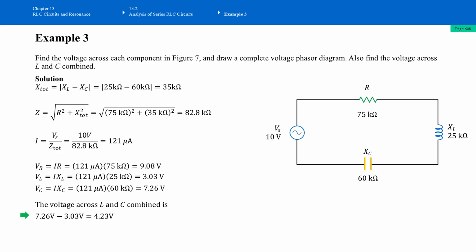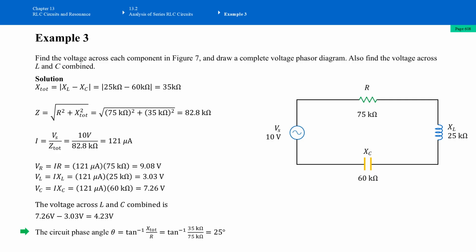In other words, the absolute value of the difference. So we just simply use the larger number, 7.26, subtract 3.03 volts, and we get 4.23 volts. This is the difference. This is the voltage across the inductor and the capacitor, the absolute value of it.